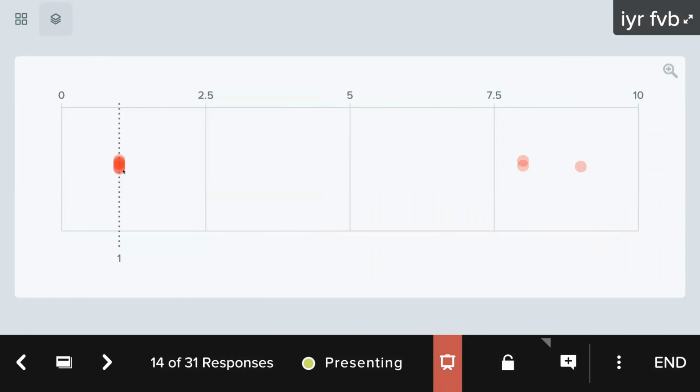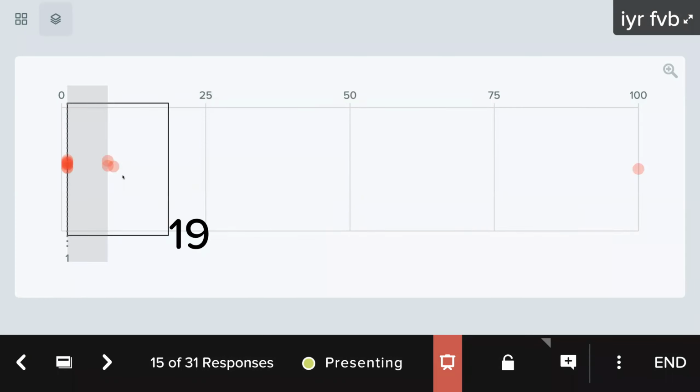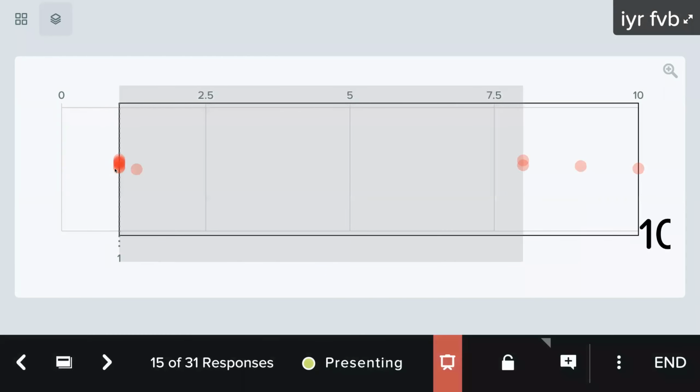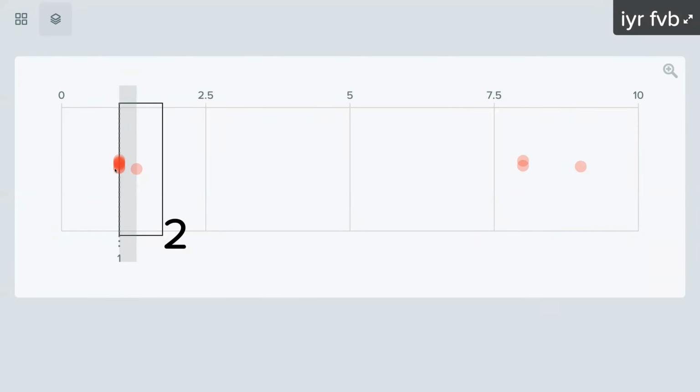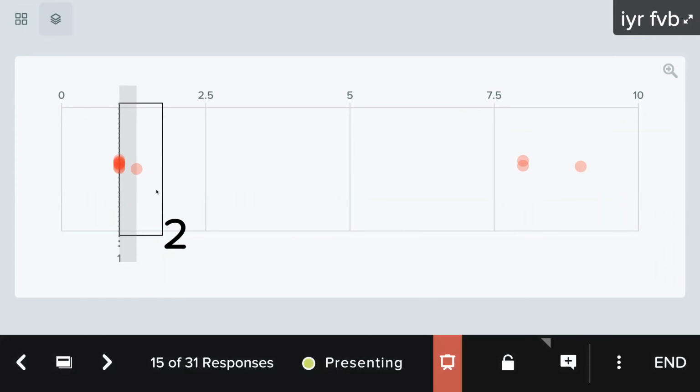I can see that statistically, most of you have put 1, and 1 of you has put 100, which is very interesting. When you put down these answers, I can see the statistical responses, how you have responded, right? So that is 2.